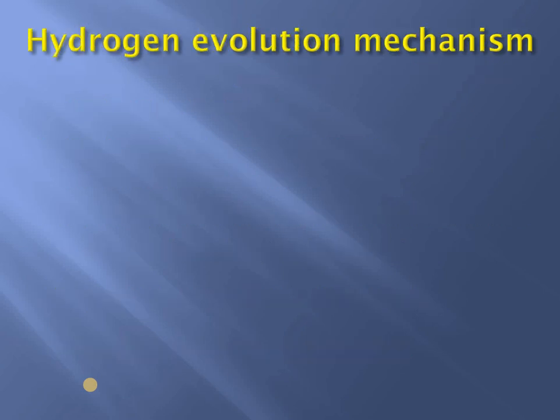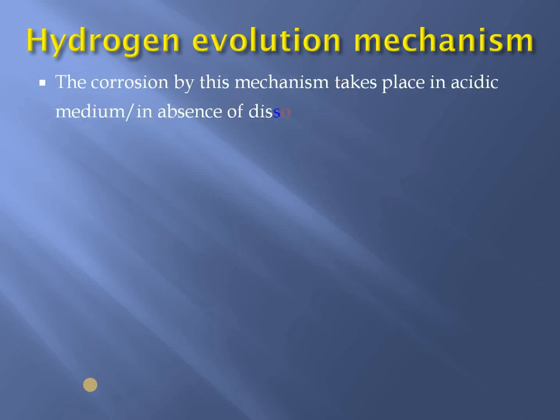In case of hydrogen evolution mechanism, the corrosion takes place in acidic medium and in the absence of dissolved oxygen. So when the metal comes in contact with an electrolytic solution which is acidic in nature, the hydrogen evolution mechanism may occur.